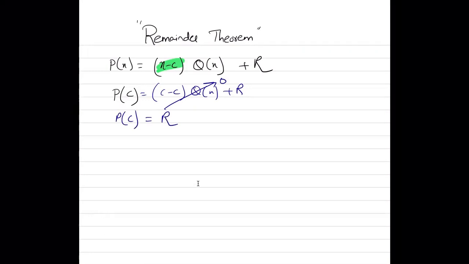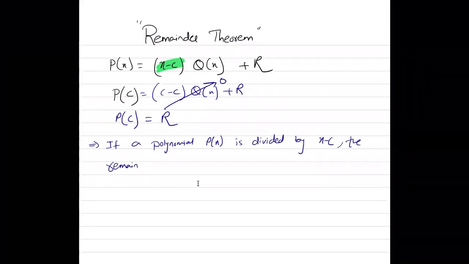So this leads us to the remainder theorem, which says that if a polynomial p of x is divided by x minus c, the remainder is p of c. So whenever in the polynomial you plug in the value of c, you are going to get the remainder.